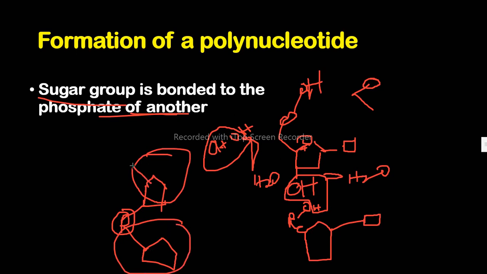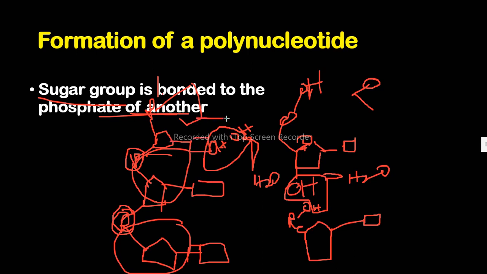With further condensation, if the same thing happens, then you form a polynucleotide strand. This polynucleotide strand has a phosphate sugar backbone with organic bases oriented inwards at right angles.